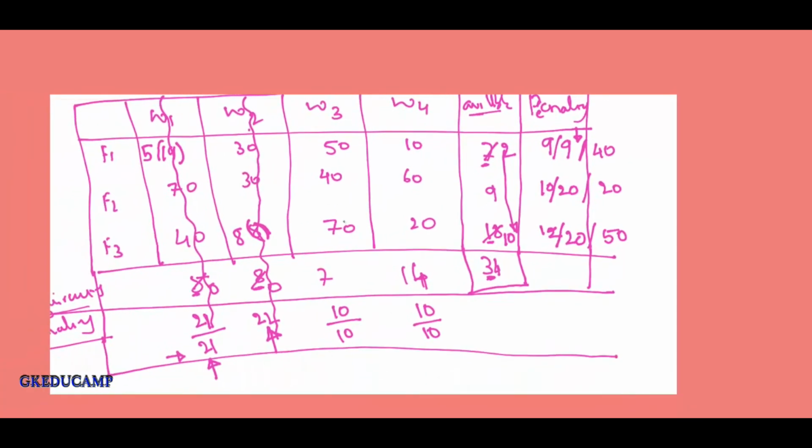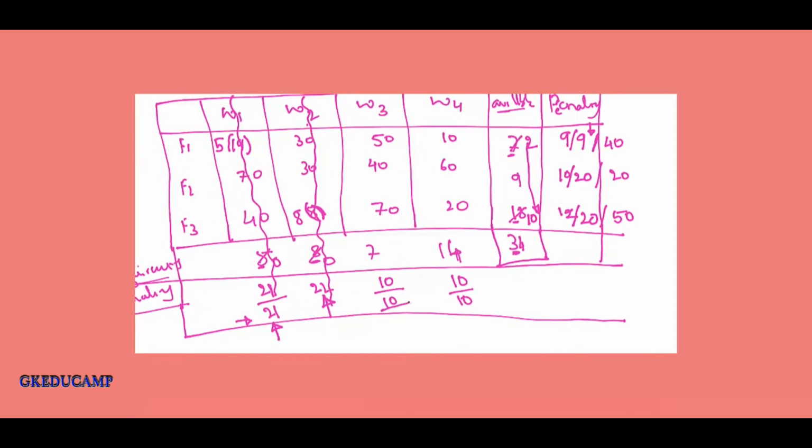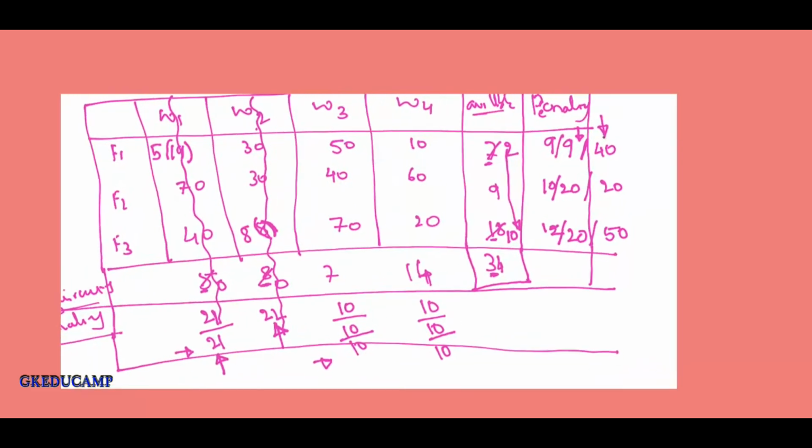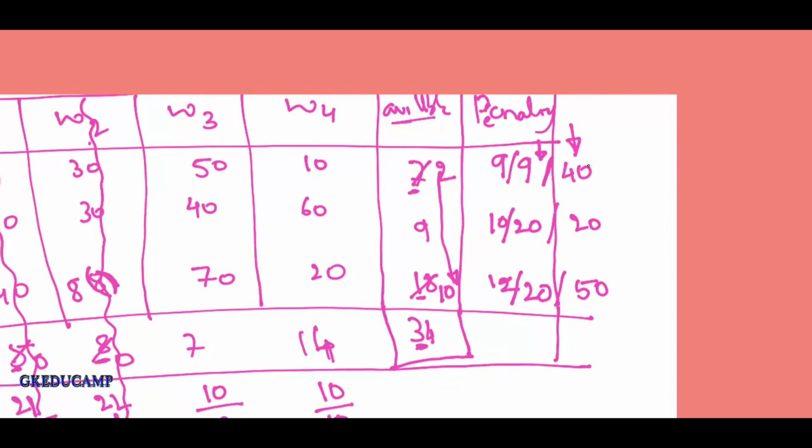So remaining are 50, 40, 10, 60. So again go and find out the penalties again. 50 minus 40, 10. 10, 60 minus 10, 50. Here again 50 minus 10, 40. 40 minus 60 minus 40, 20.